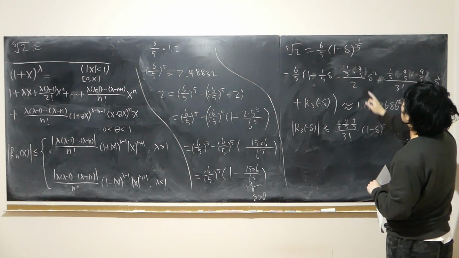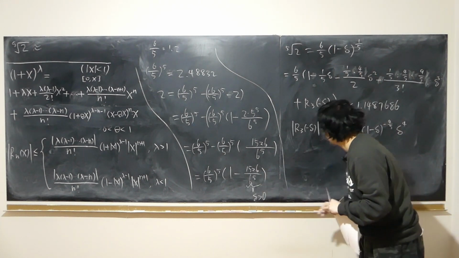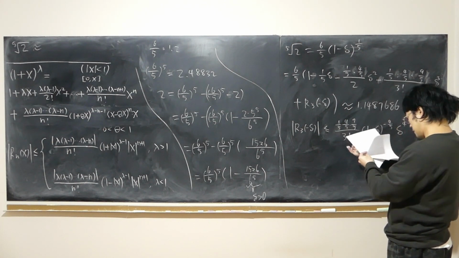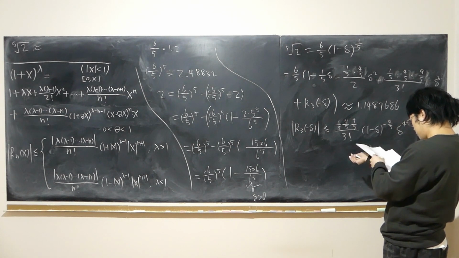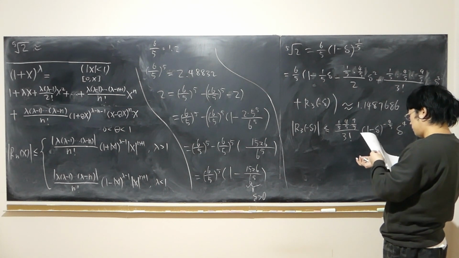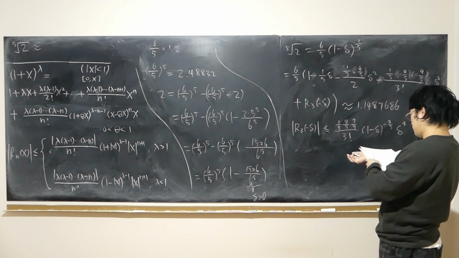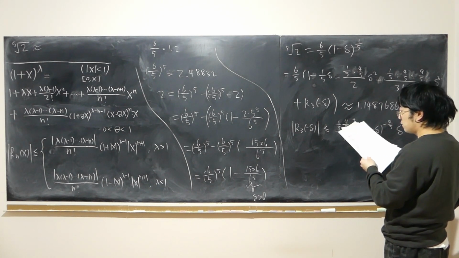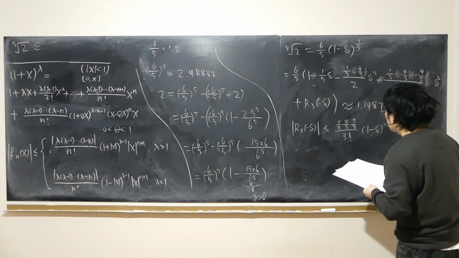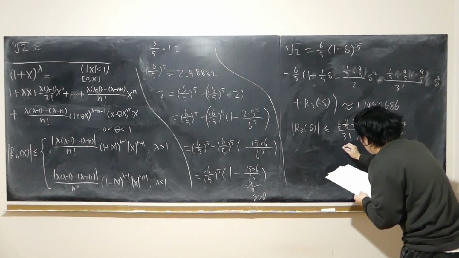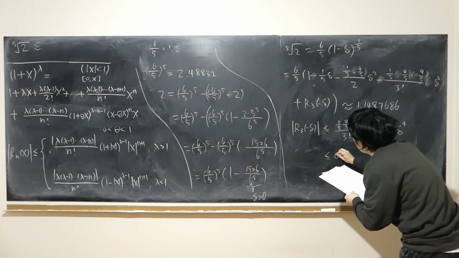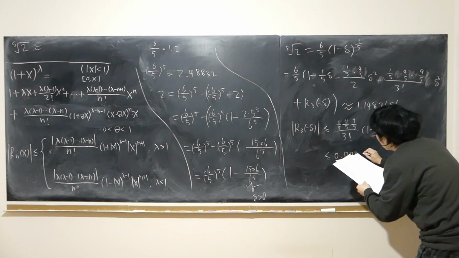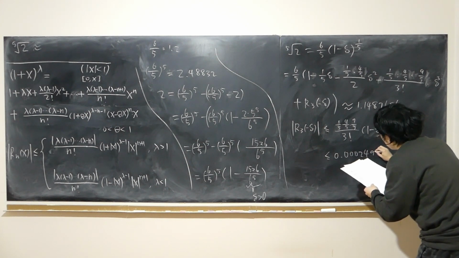So delta is this fraction. It turns out this is no larger than 0.0002492.